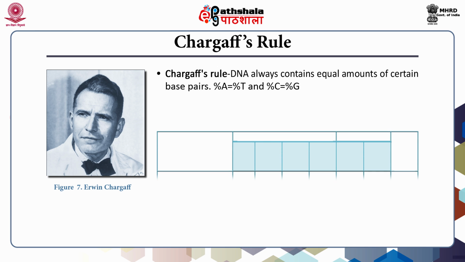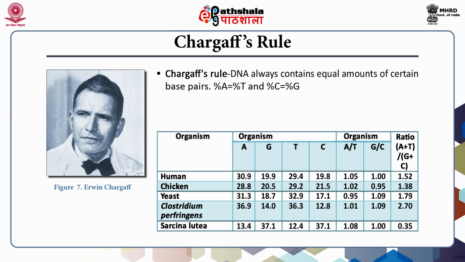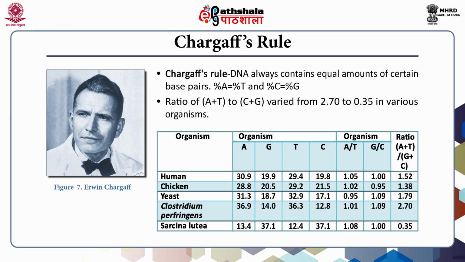He observed that the amount of adenine will always be equal to the amount of thymine, whereas the amount of guanine will always be equal to the amount of cytosine, regardless of the source of DNA. The ratio of AT to GC varied from 2.7 to 0.35 in various organisms.